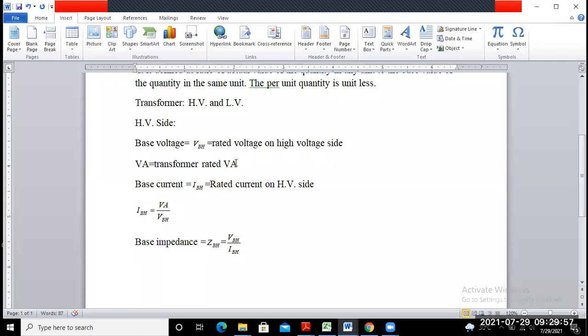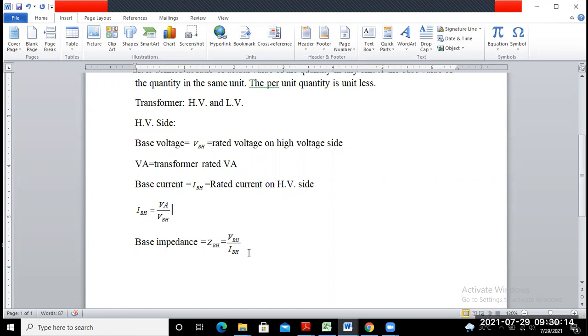Okay. So now we have already chosen the base voltage and the transformer rated volt ampere, and we found the base current from these two data. We know that impedance is nothing but voltage divided by current.